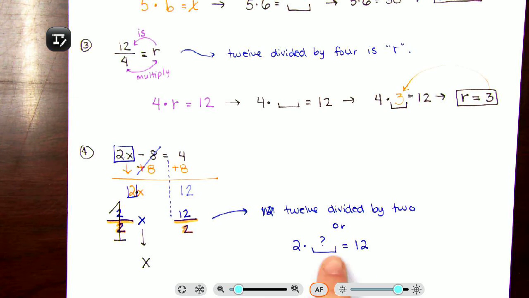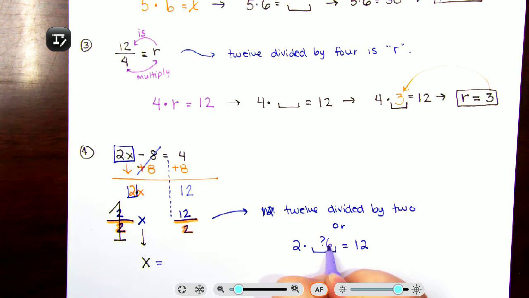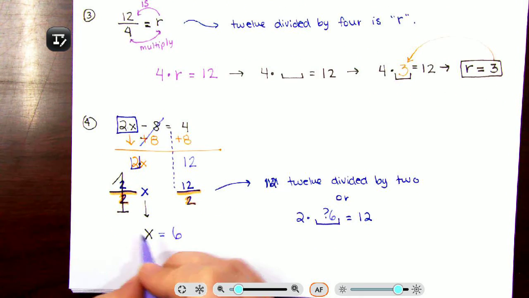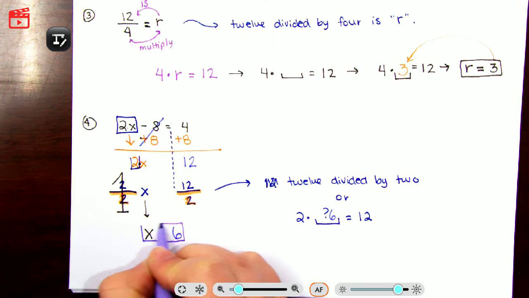So what number do we need when we multiply by 2 to give us 12? The answer is 2 times 6. 2 times 6 is 12. So we simplify this fraction and we're going to say x is 6 and you are done.